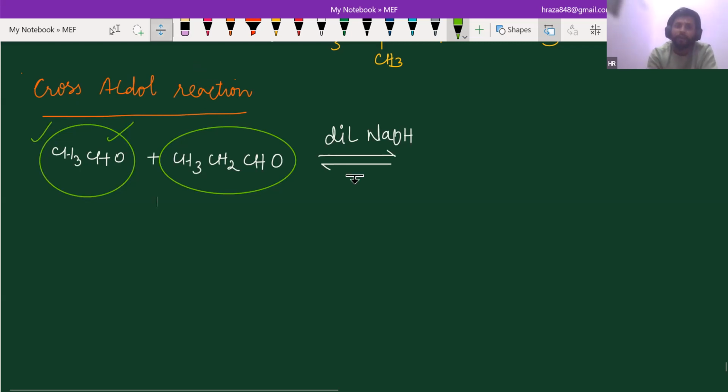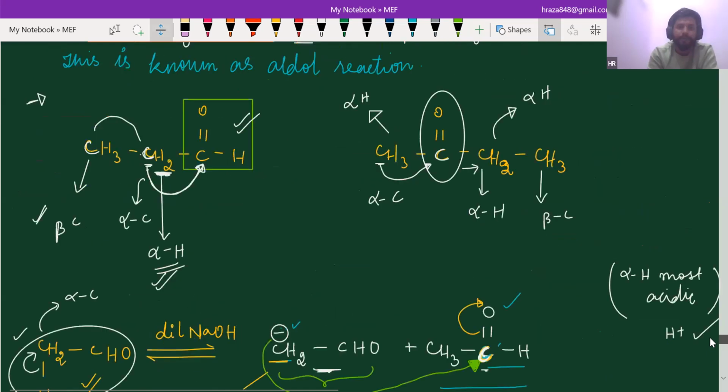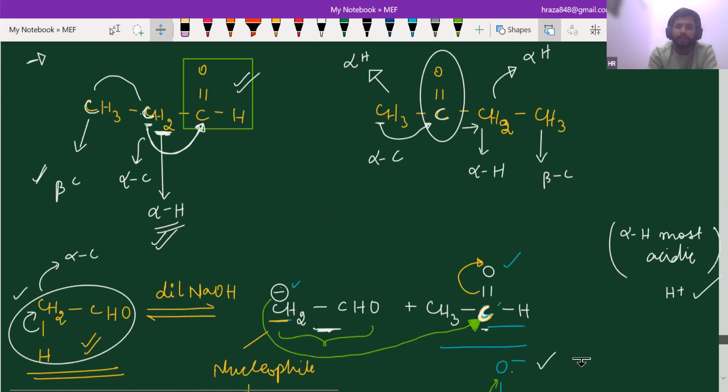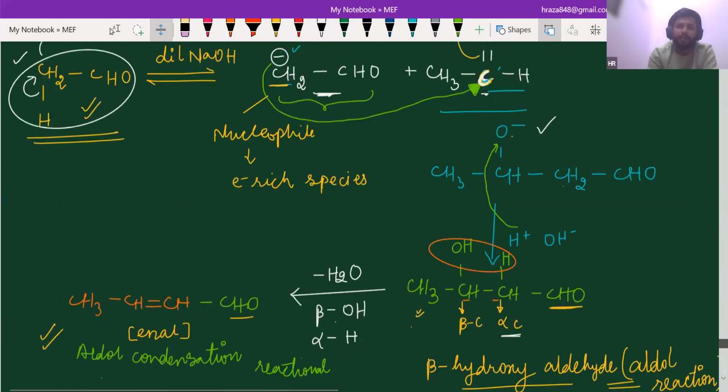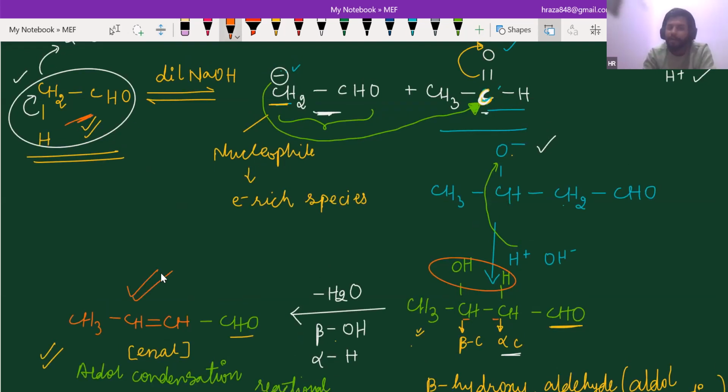As you can see in the first reaction, where it is, yes, here it is. In the first reaction, you can see with ethanal we got a product, this one, aldol condensation. Yes or no? This is aldol. Are you getting my point?